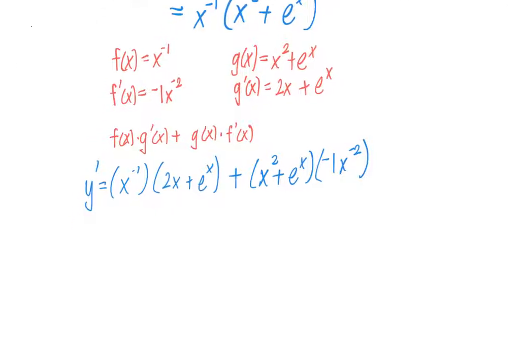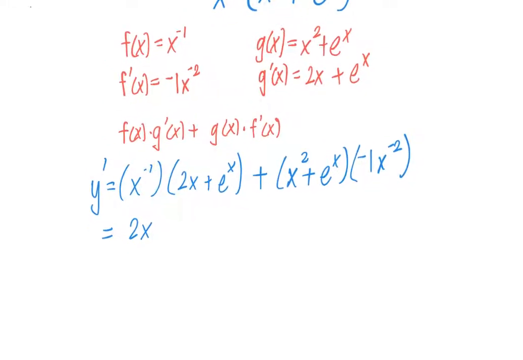So from here, I want to make it look a little better and distribute some things out. When I say 2x times x to the negative 1, with your x's, you keep the base and add the exponents. Well, negative 1 plus this power of 1 right here is 0.